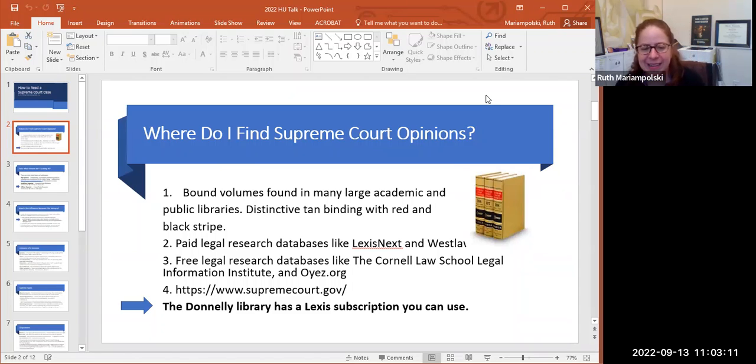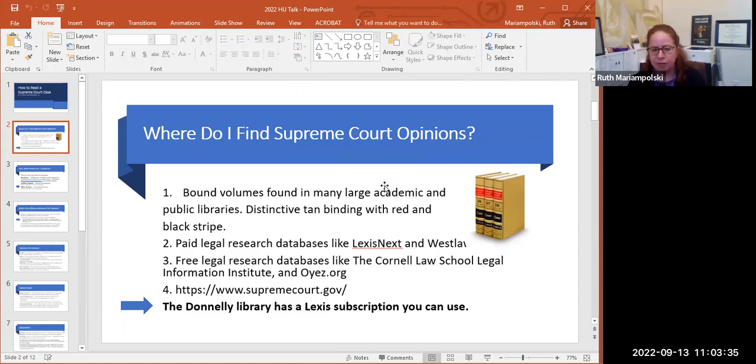There's also paid legal research databases. My slide got a little messed up, but one of them is called Lexis and one is called Westlaw. They are both subscription services, and the Donnelly Library has a Lexis subscription that you can use. There's also free legal research databases.